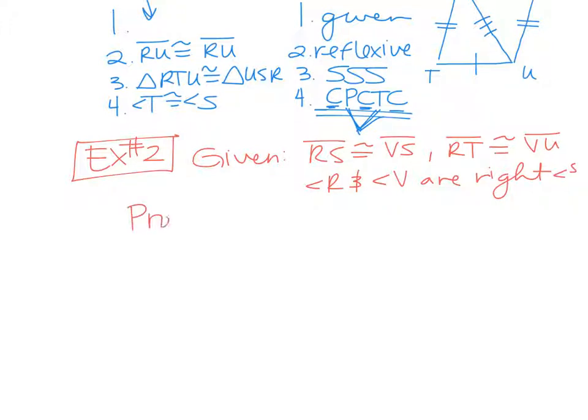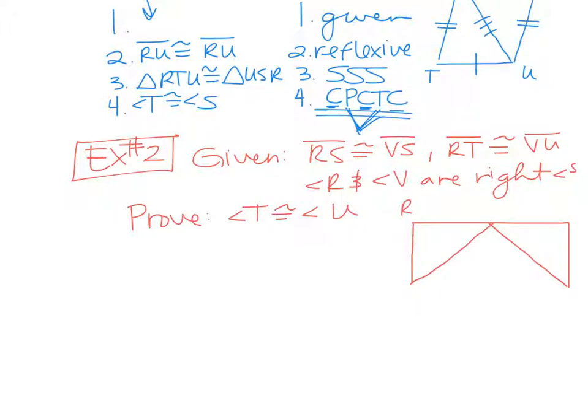We're going to prove that angle T is congruent to angle U. And this is our picture. Sorry, that's not T. That's V. This is U. This is T.